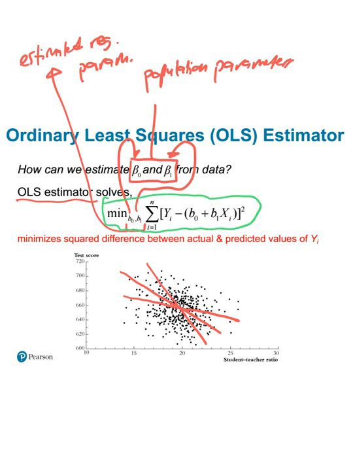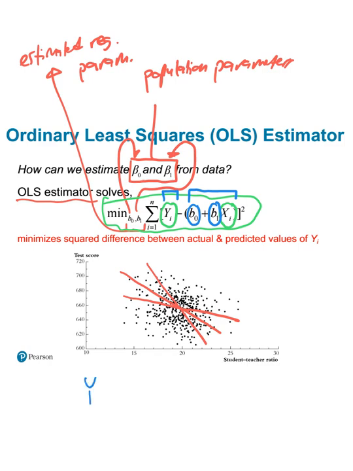So let's break this down. What do we know about yi? yi are our true observations for the dependent variable. xi is the true observation for the independent variable, while b naught and b1 are estimates for our population parameters. What we're trying to find is the difference between our true observation of yi and our estimated value of yi.